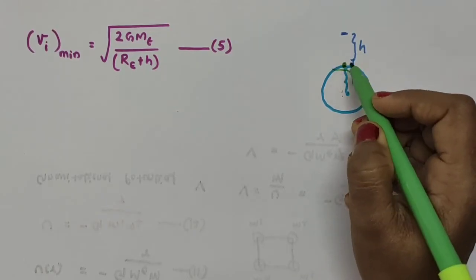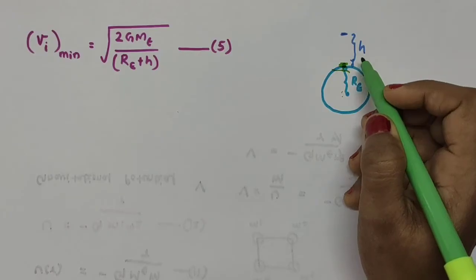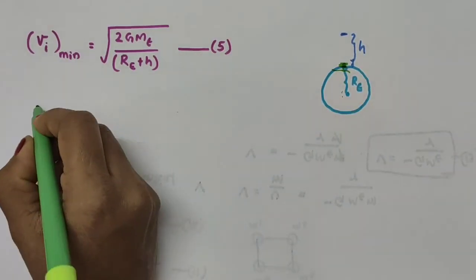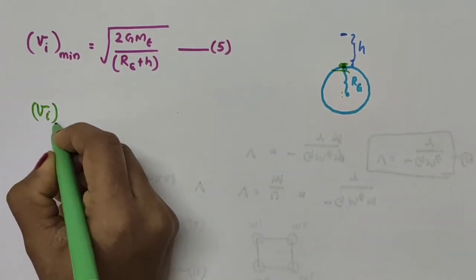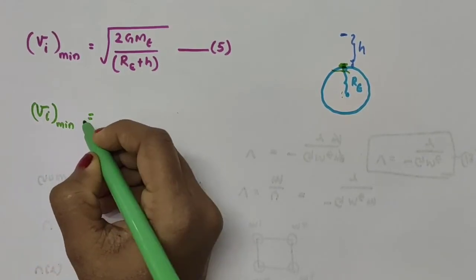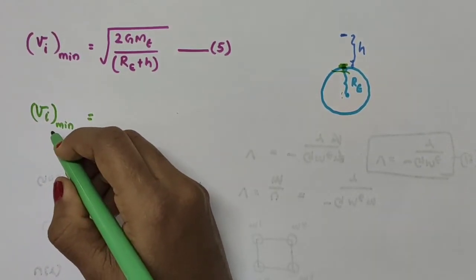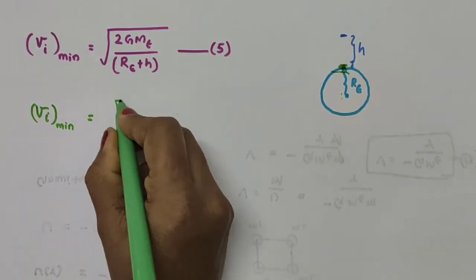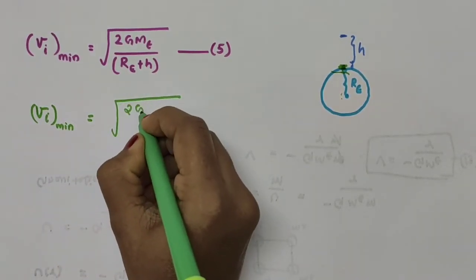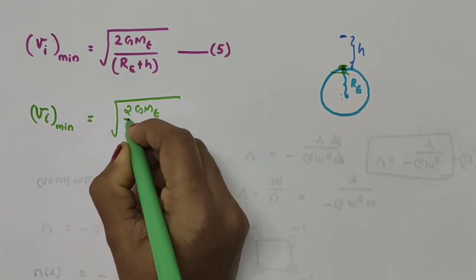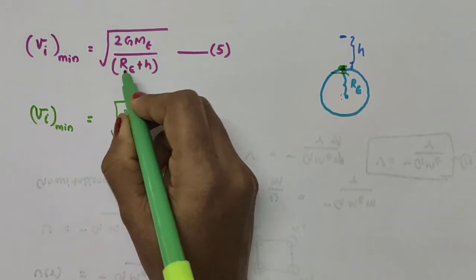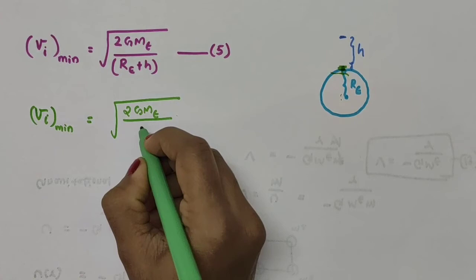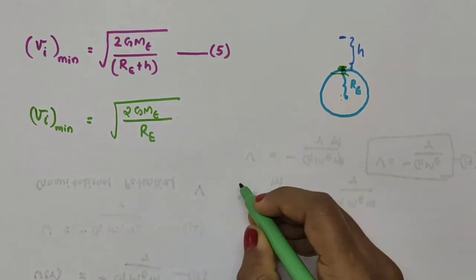So when the object is thrown from the surface of the earth, h equals 0. So equation number 5 becomes vi minimum equal to square root of 2 GME divided by Re plus h. Anyway, h is 0 here, so this becomes Re.